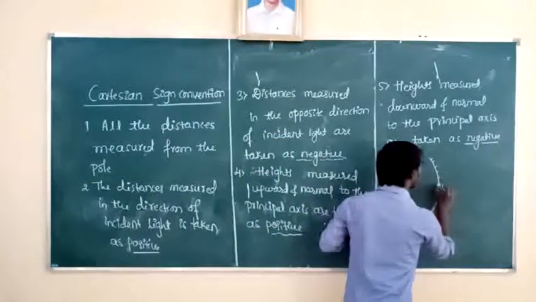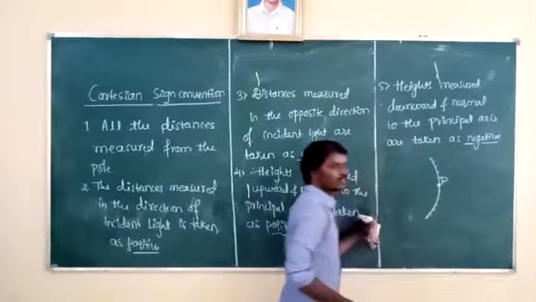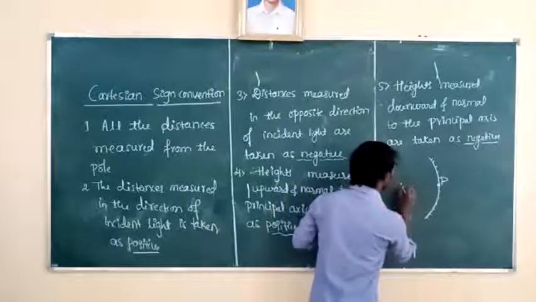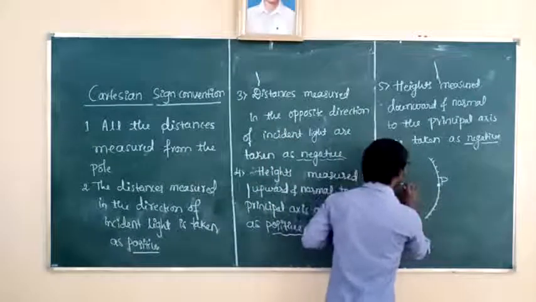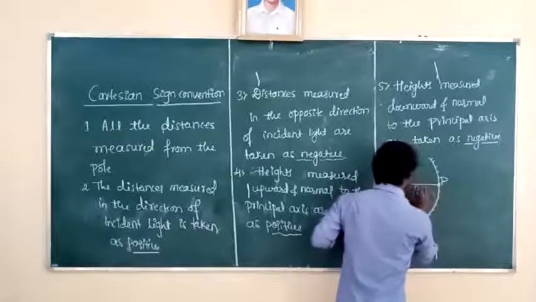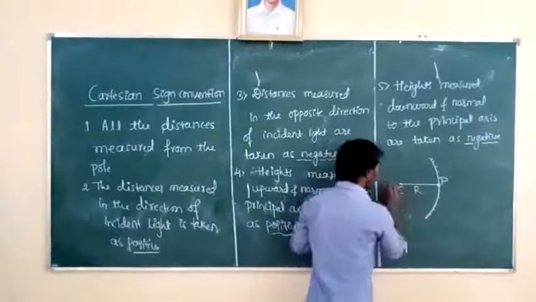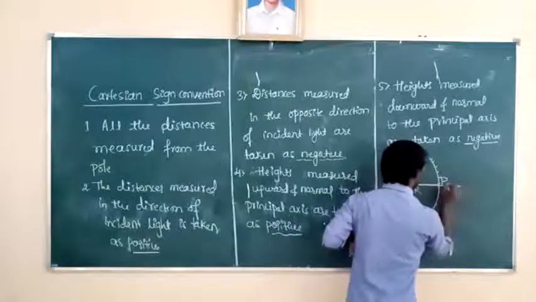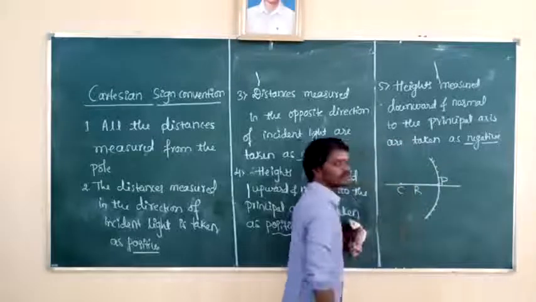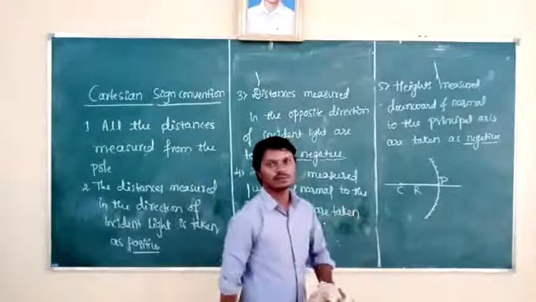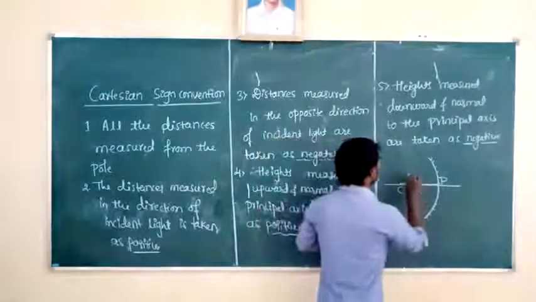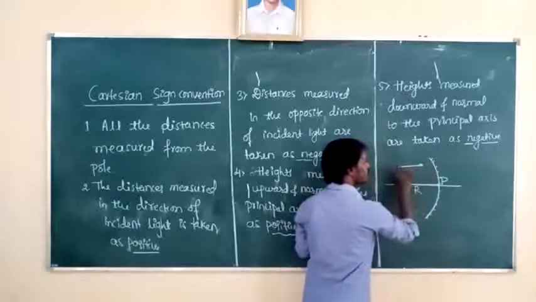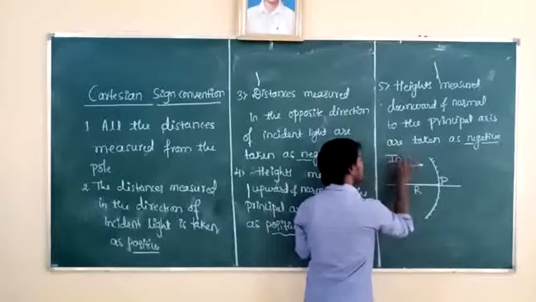First one, pole, represented by P. Then the second one, center of curvature, and the next one, radius of curvature. And the next one, principal axis. What is the principal axis? It is the line passing through the pole and center of curvature and extended on both sides. Let this be the direction of incident light.